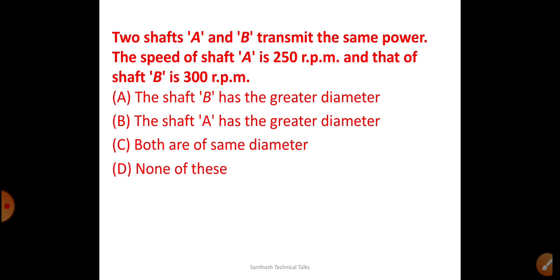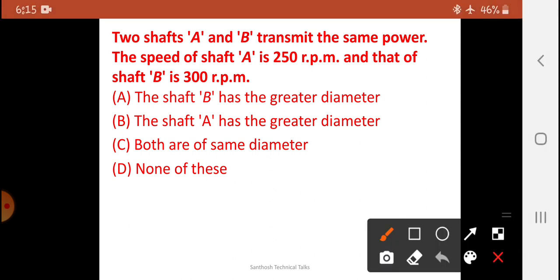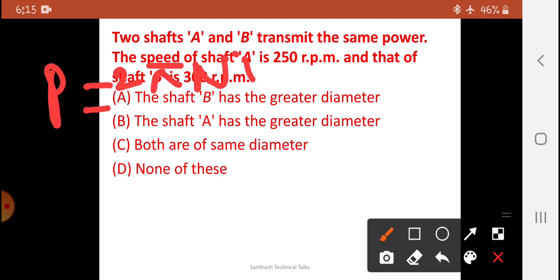And the next question, a very superb question. Two shafts A and B transmit the same power. The speed of shaft A is 250 rpm and the speed of shaft B is 300 rpm. We know that P is equal to 2 pi N T by 60.